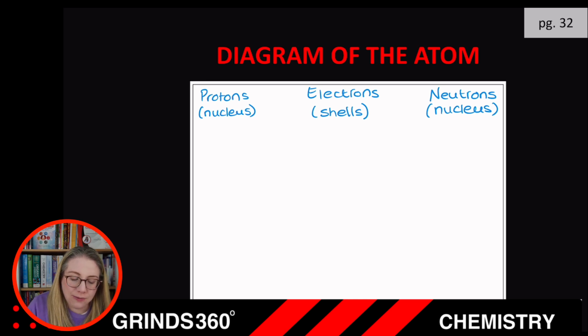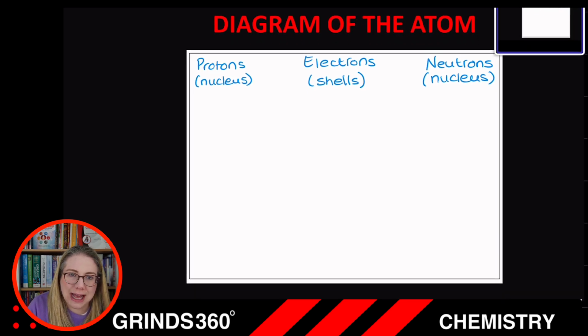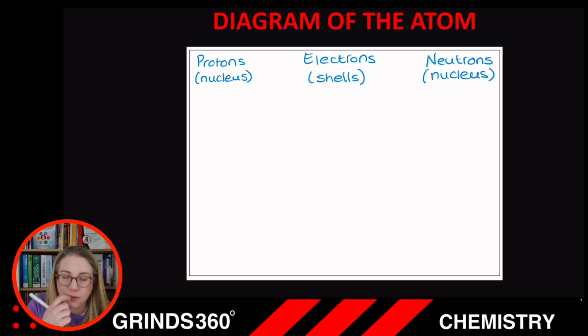So, if we're going to draw a diagram of the atom, we start off with the nucleus, so the very middle part of the atom. Inside the nucleus, we have our protons and we have the neutrons. Both of those subatomic particles are found in the nucleus. Now, based on that information, what charge does the nucleus of an atom have?